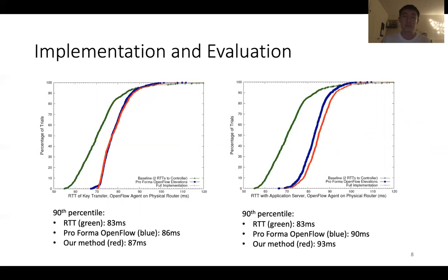The blue line shows just an idle SDN architecture, and the red line shows a full implementation of our method. As a result, we can see our system adds just 4 to 10 milliseconds to the original system. Because this network delay only applies to the first packet of each flow, we believe it is not going to be perceived by the users.